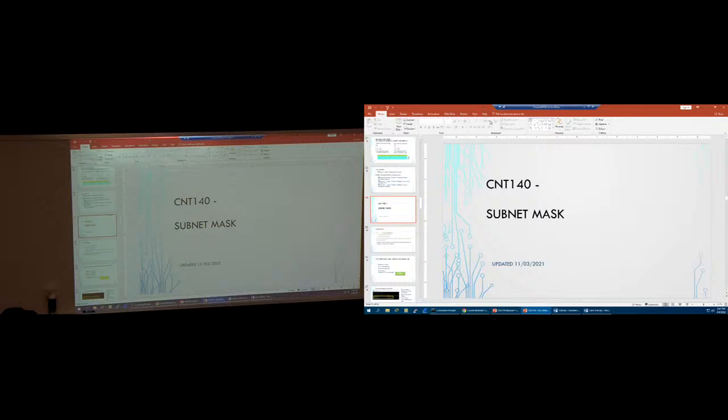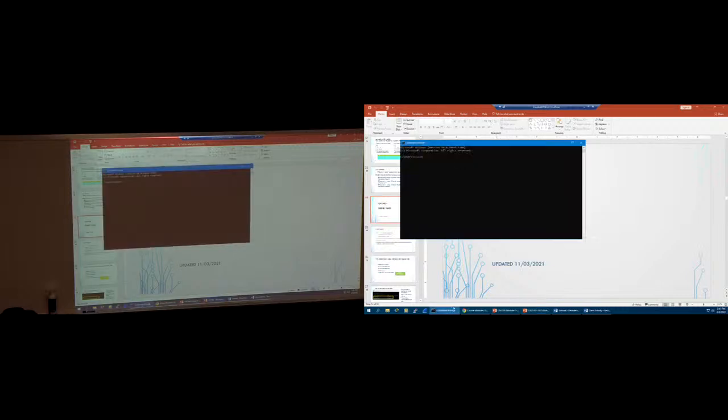Does everyone remember you click on the little Cisco lab icon? Oh, that's Packet Tracer. So just click right here and start typing CMD. There it is, that's the command prompt. Perfect. We're going to do ipconfig. Is everybody in the command prompt?